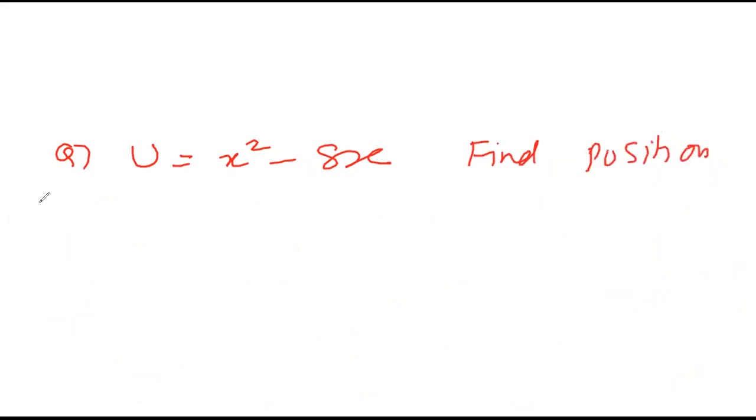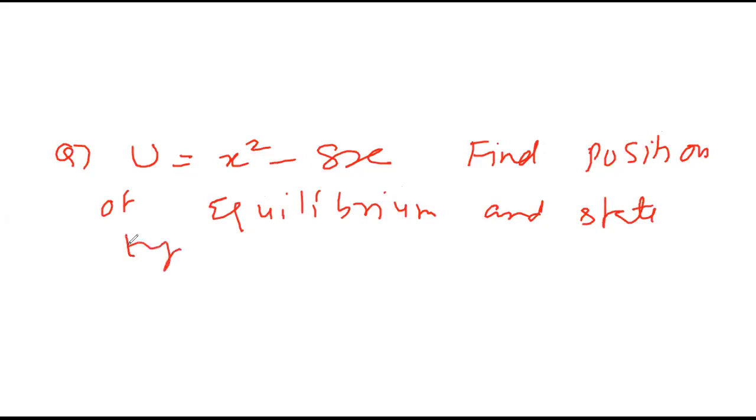The question goes like this. U is x squared minus 8x. Find the position of equilibrium, meaning where it will be in equilibrium, and state the type of equilibrium.